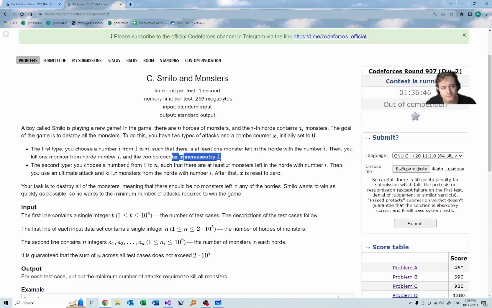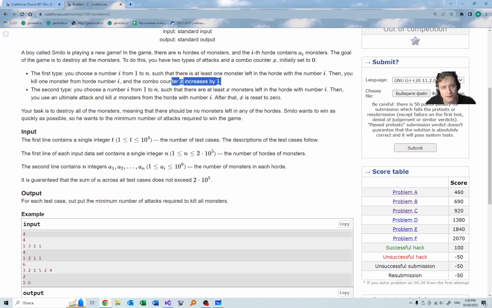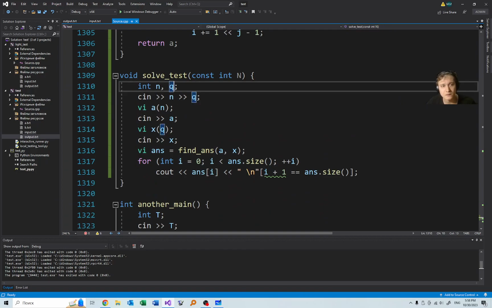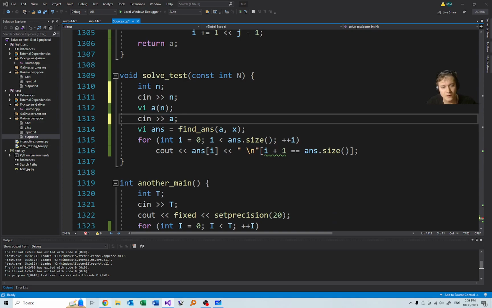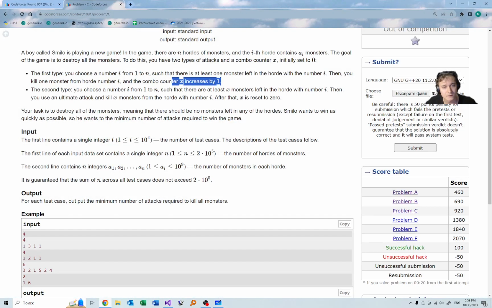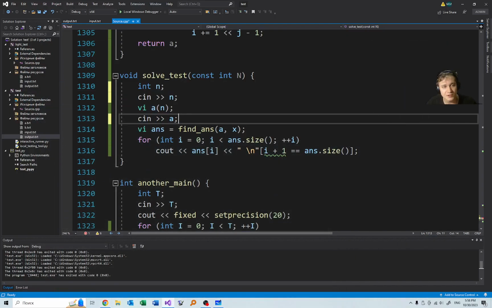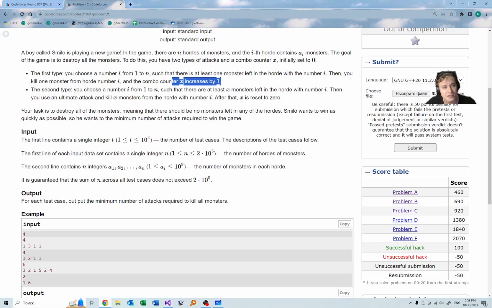So what do we do? We read N and A. Then we print, actually find answer.